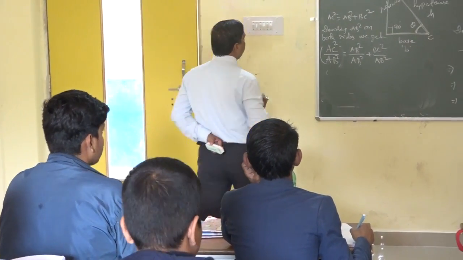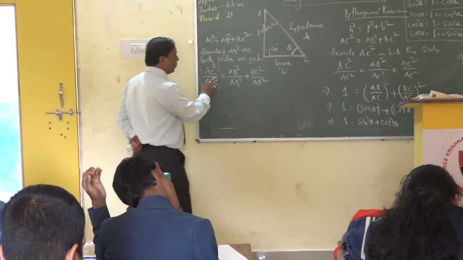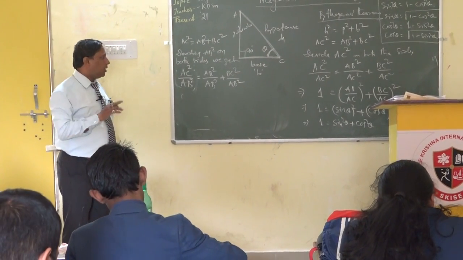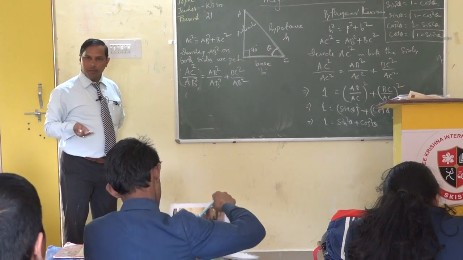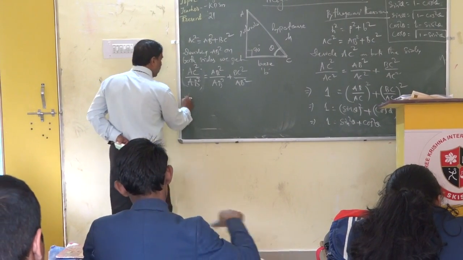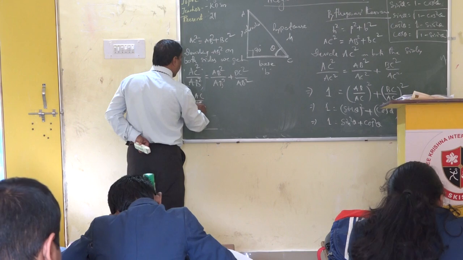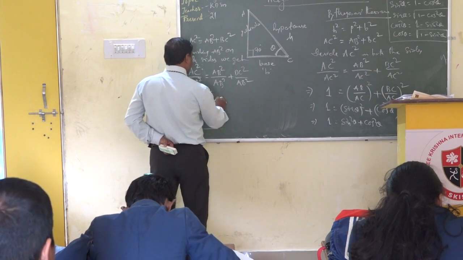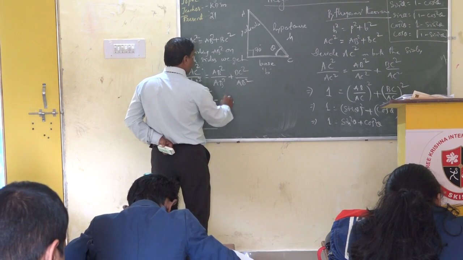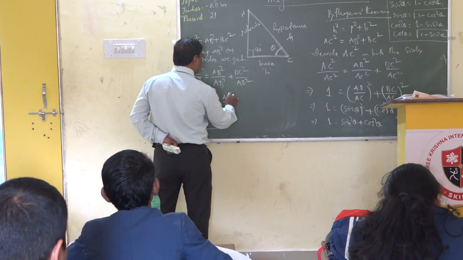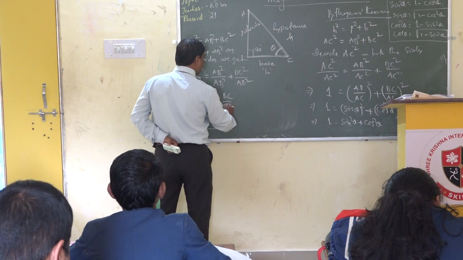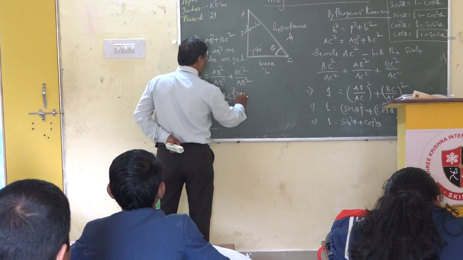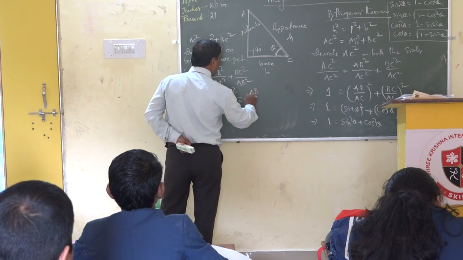So we find that AC square by AB square equals AB square by AB square plus BC square by AB square. So AC by AB whole square minus BC by AB whole square is equal to AB by AB whole square.